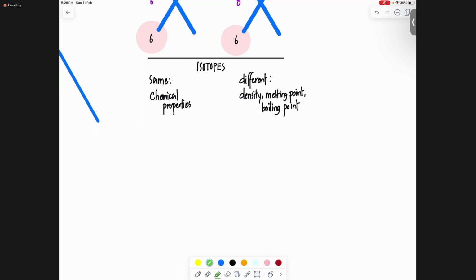So the physical attributes are different, and the chemical attributes are the same. When you have carbon 12 and carbon 14 in your body, you wouldn't be able to know any difference. Your body will function exactly the same way because they react exactly the same way.